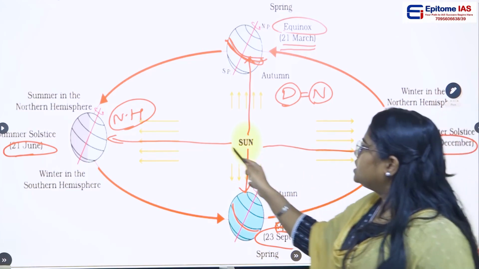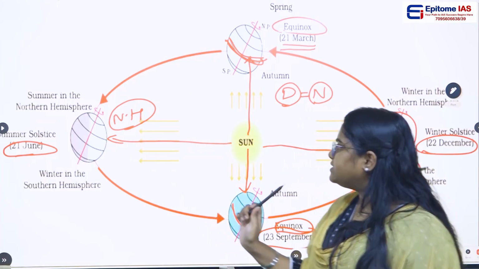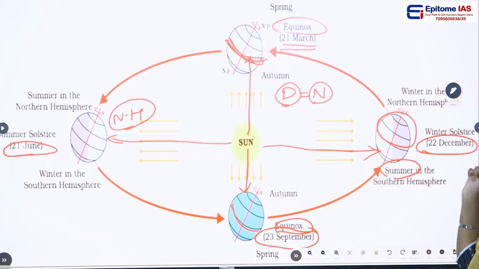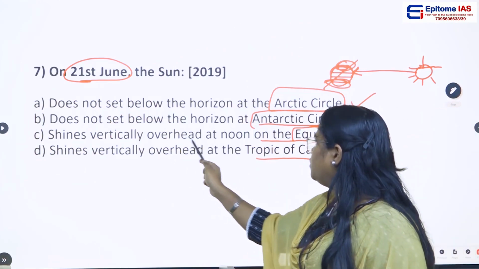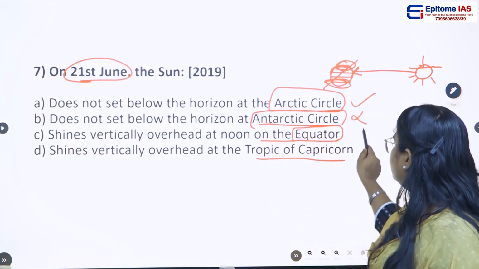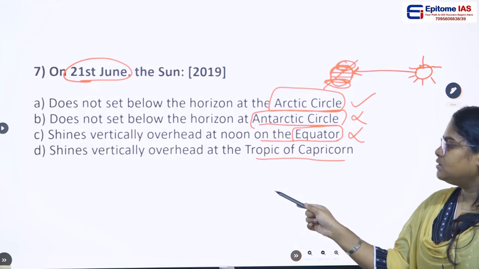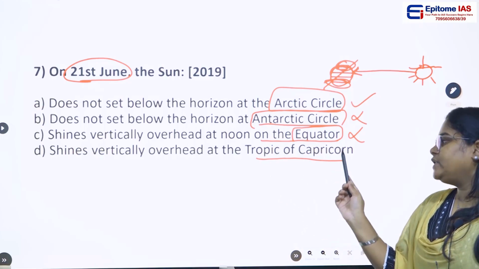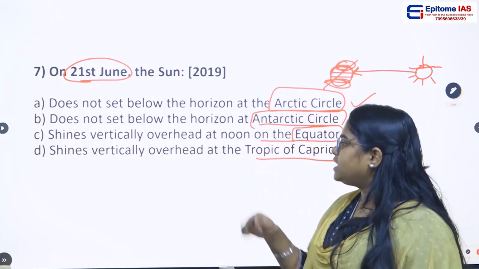If you see in the summer solstice, we have sun overhead on the Tropic of Cancer, and in winter we have sun overhead on the Tropic of Capricorn. But what they are saying, the sun shines vertically overhead at the noon on the equator. No, this won't happen. It will happen in either spring equinox or autumn equinox, not on the summer solstice.